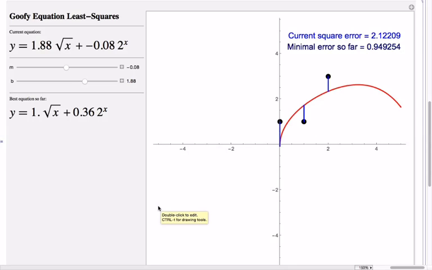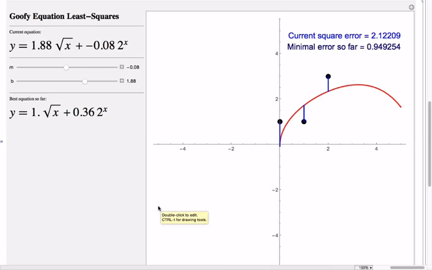And as I do so, what you'll notice is that these little blue bars here, those bars are measuring how far away from the data is our graph, as the difference in y values between the y values of the points themselves and the y values of those points on the graph, which has the same x values as those points. If I take those distances and I square them and I add them all up, then what I get is called a squared error measurement.